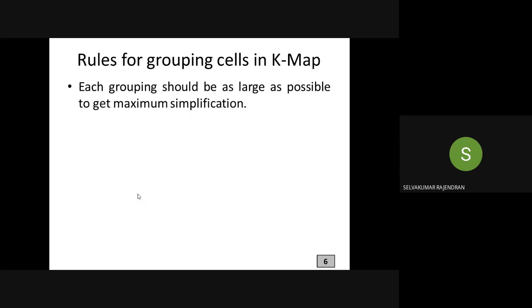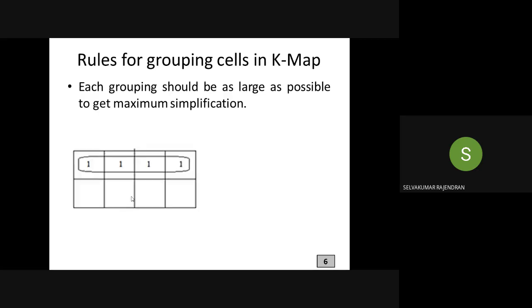Then each grouping should be as large as possible to get maximum simplification. To get a better simplified Boolean expression, we should always try to combine the maximum number of min terms in a K-map. Then only will you get a simplified Boolean expression. In this example, there are four ones, so you can combine them like a single group.